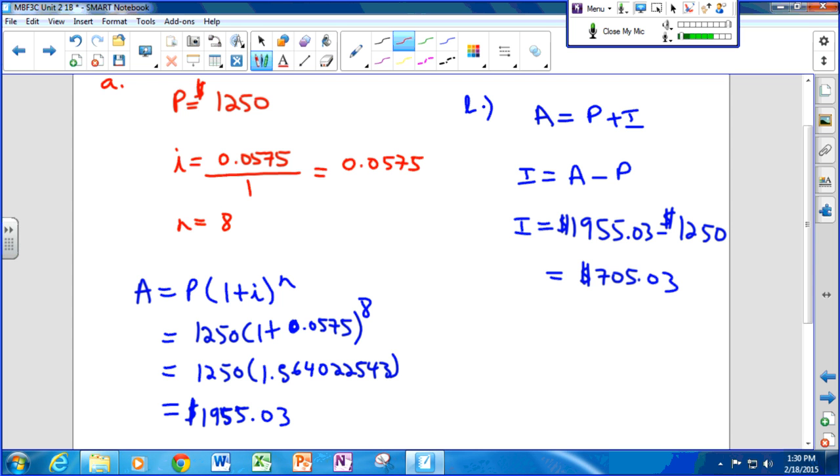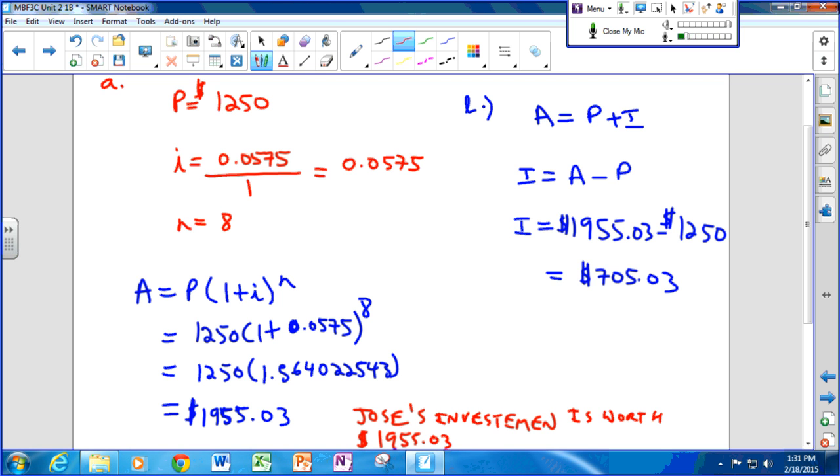So Josie's investment is worth $1,955.03, something like that.